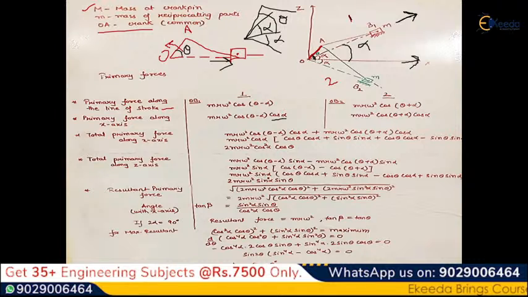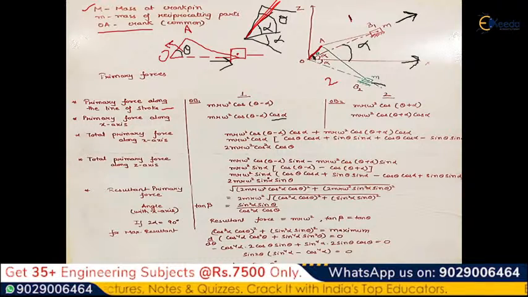Now similarly, if we talk about the second connecting rod, the primary force along the line of axis is m r omega square cos. Now see, what is the angle the crank is making at this particular stage? If this is the crank, it is making the angle theta plus alpha.